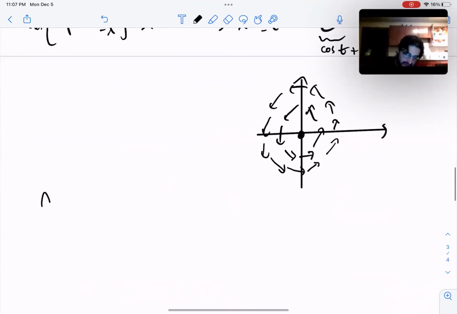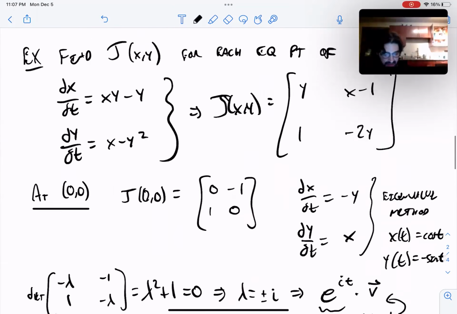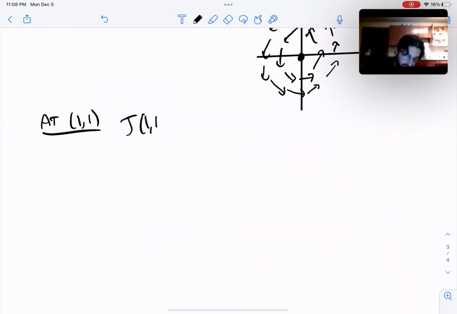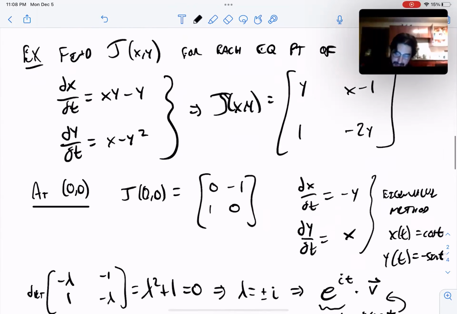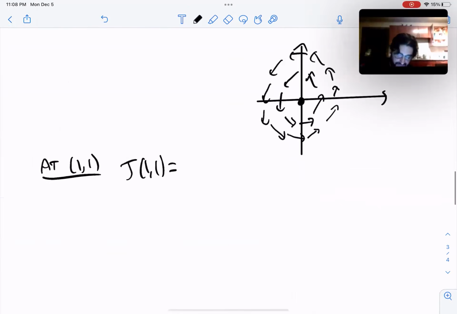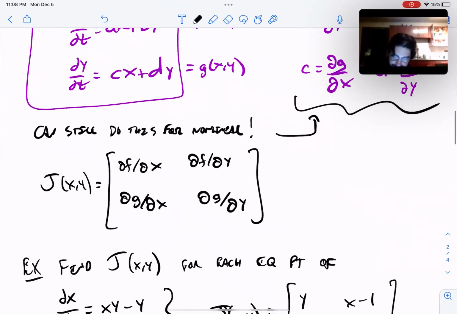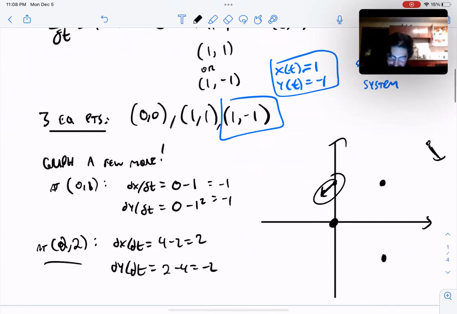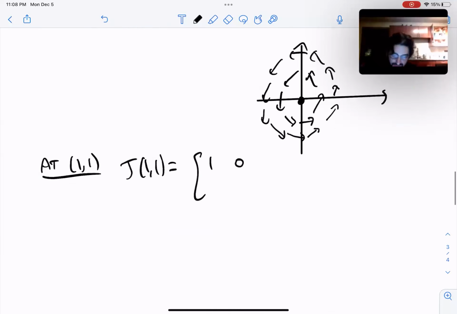What happens at these other two? What happens at 1, 1? So at 1, 1, what do we have? I have the Jacobian at 1, 1 is 1, 0, 1, minus 2.